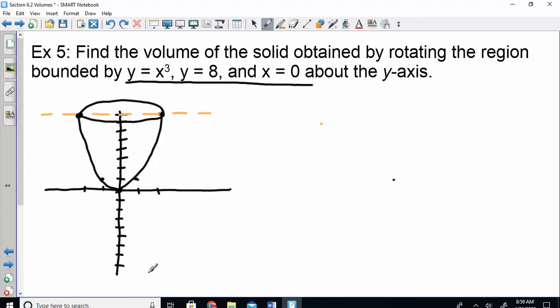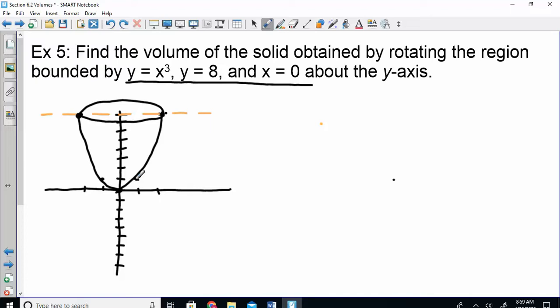Okay? So if I'm trying to find this volume, this is a problem where I would not want to integrate along the x-axis. Because if I look, this is at -2 and this is at +2, but the x changes depending on where you're at on this. Down here, these x's are -1 and +1.